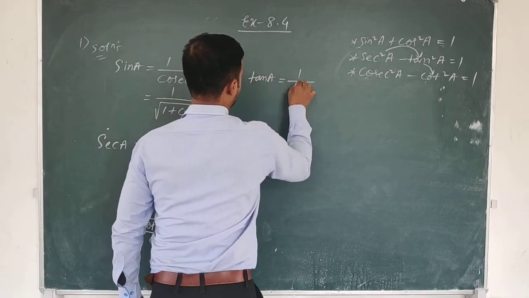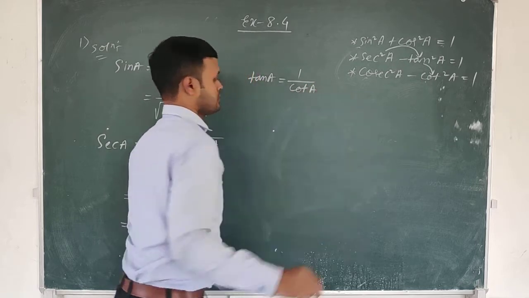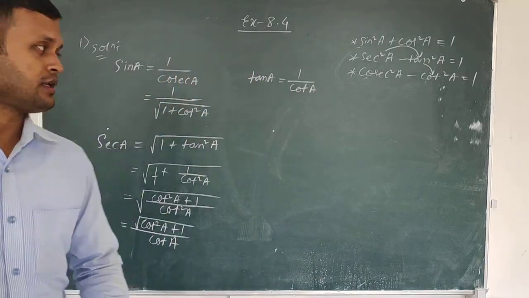Tan A is equal to 1 by cot A. Isn't it? Directly related.